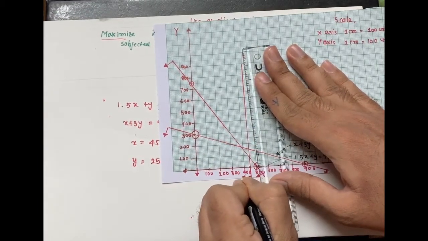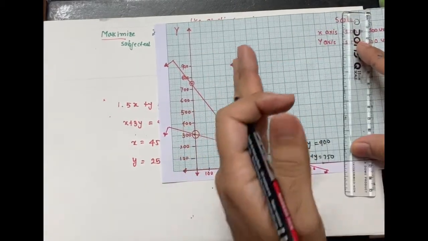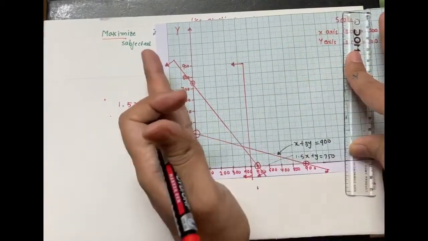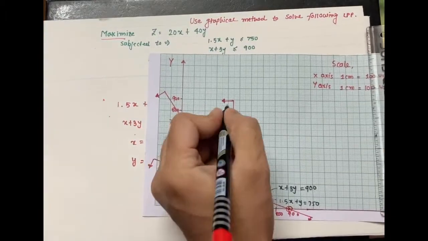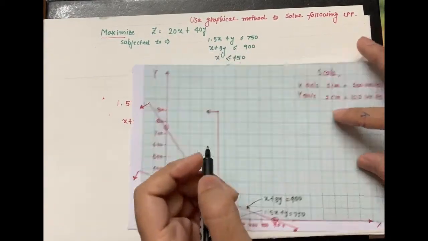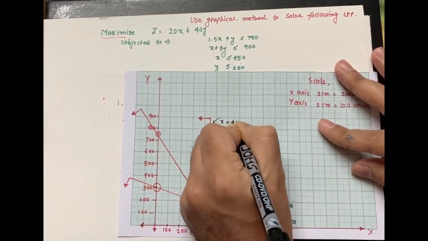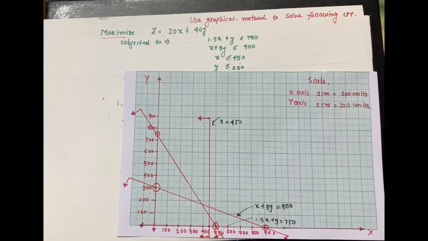Arrows again in this direction, as the x quantity is less than or equals to 450. Hence, the arrows are shown on the left hand side. This line is x equals 450, a line parallel to the y axis.